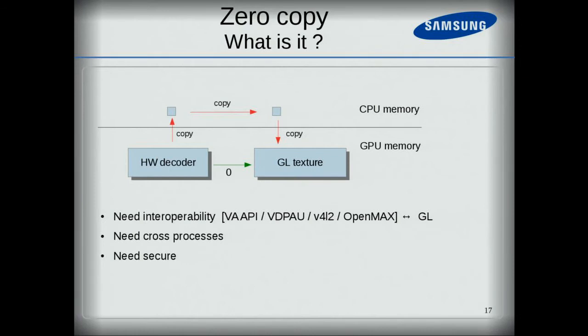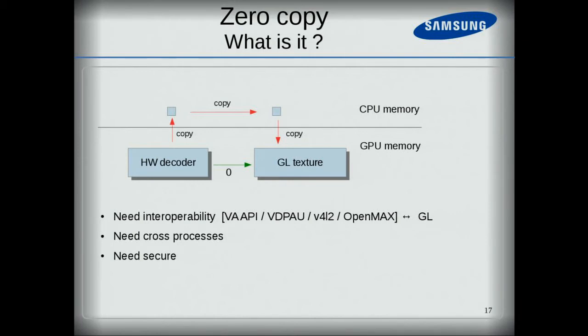You don't want to download the decoded data to do some conversion or copy around, because it's difficult in your application to manage the lifetime of this buffer. So sometimes you just copy because you are lazy, or you need to convert to another format, and then you upload again to the graphics card. So zero copy means basically you want to stay in the GPU, and then you have zero copy and real zero copy, where you don't do any additional conversion.